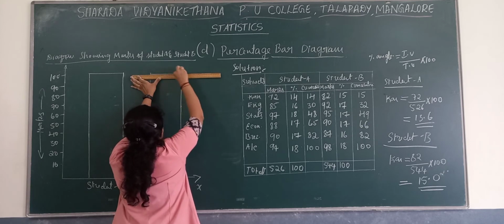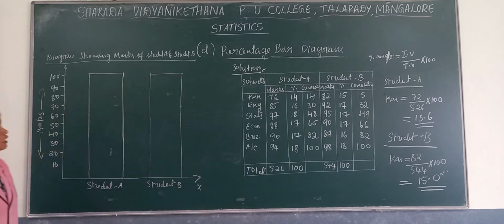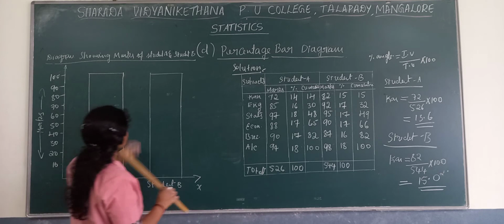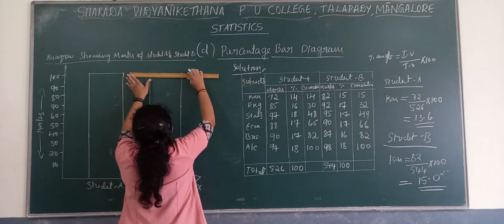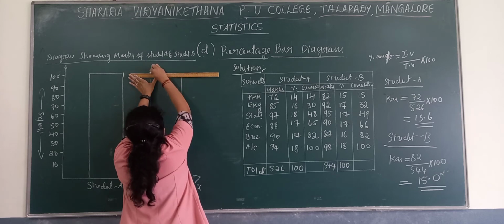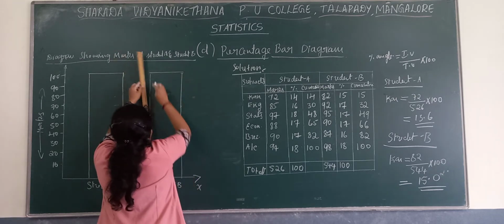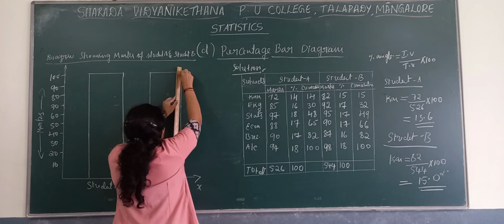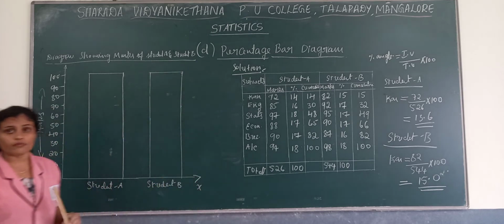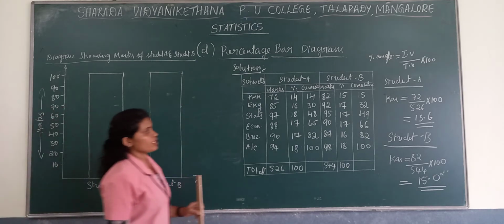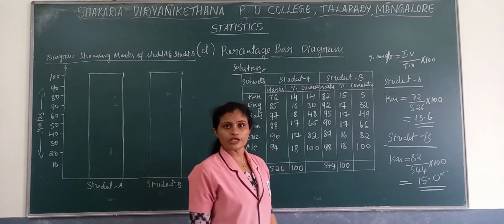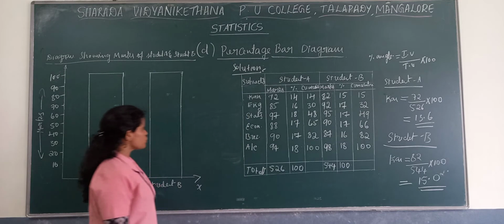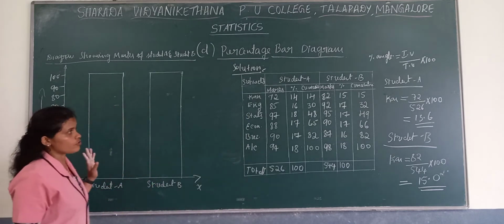Now we represented the bars here. The length should be equal, both should be 100, and the width also you need to take equal for the purpose of beautification. We need to represent only the cumulative values here.